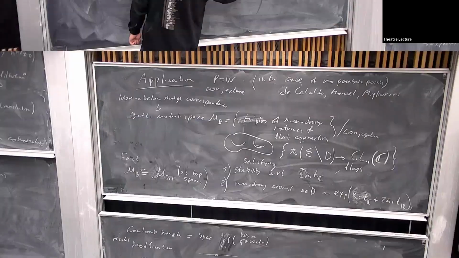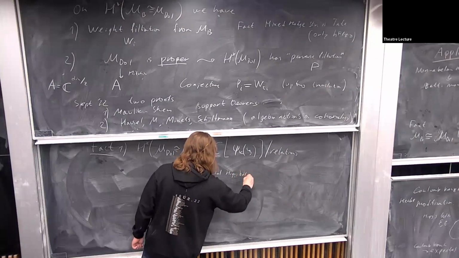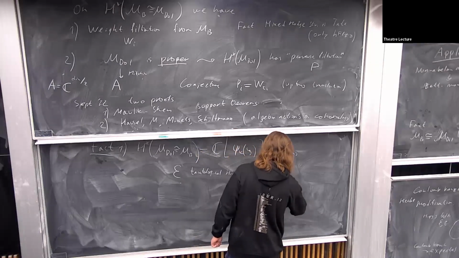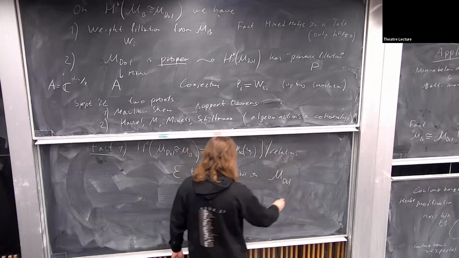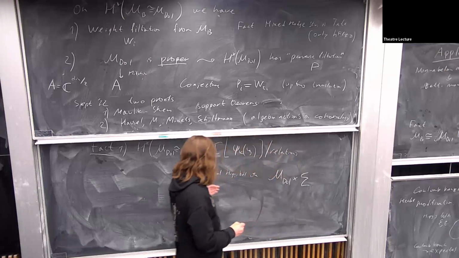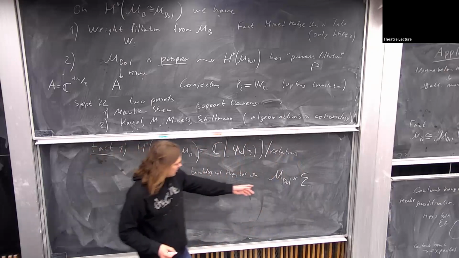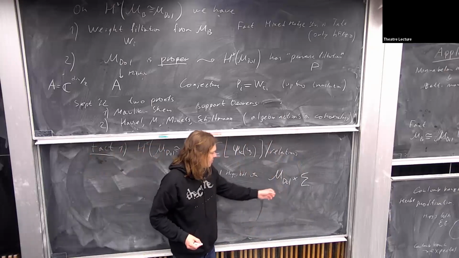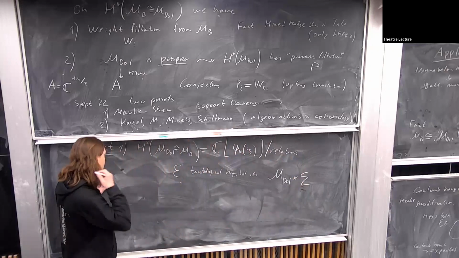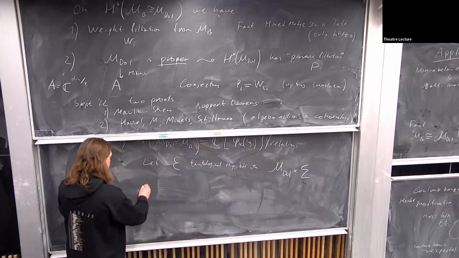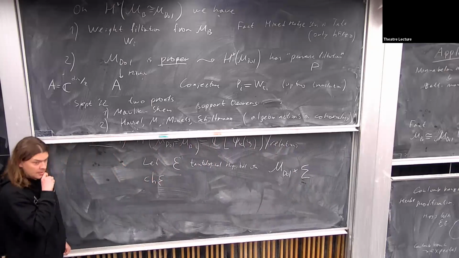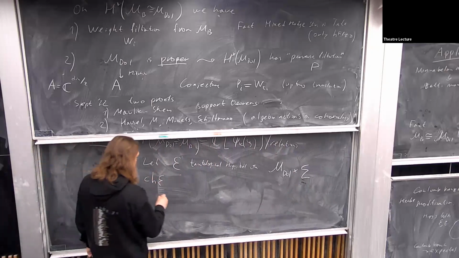It's a bundle on, let's say in this realization, Dolbeault space. At every point of this space we have a Higgs bundle on the surface, and we take the Chern character of this.